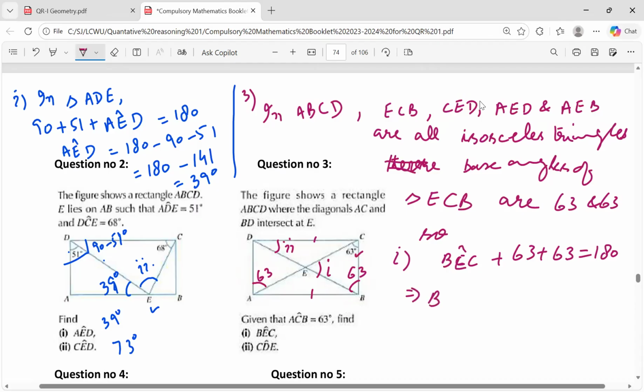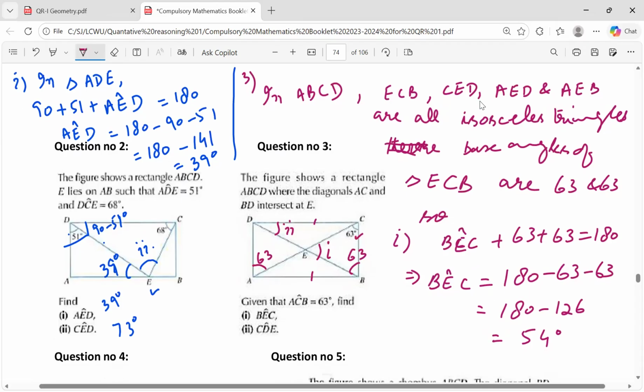So it implies that angle BEC is equal to 180 minus 63 minus 63, which is 180 minus 126, equal to 54 degrees.